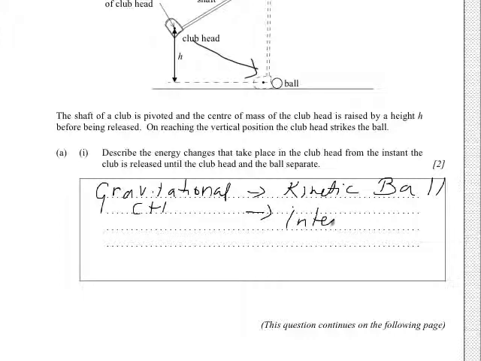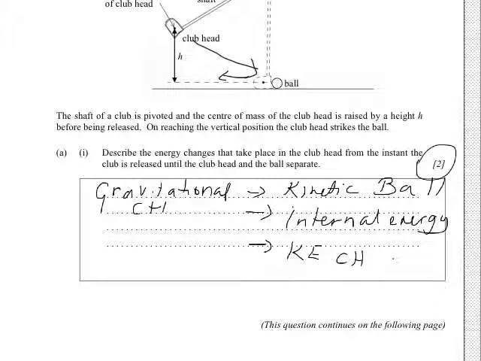Don't use the word heat anymore. Internal energy of the ball. Okay, and that's pretty much it. You could also say some of the kinetic energy would stay, because of course this might rebound, you never know, so you could infer that there is some kinetic energy in the club head as well. But the 2 marks are pretty self-explanatory. They're for the first 2.